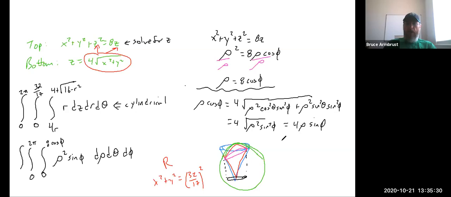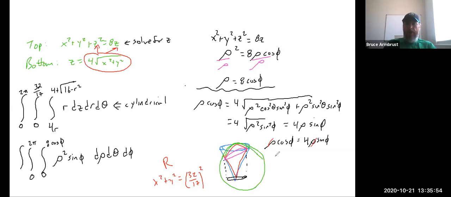So we've got rho cosine phi equals 4 rho sine phi. The rhos cancel. I want to combine these sines and cosines, so let me make a tangent out of it.